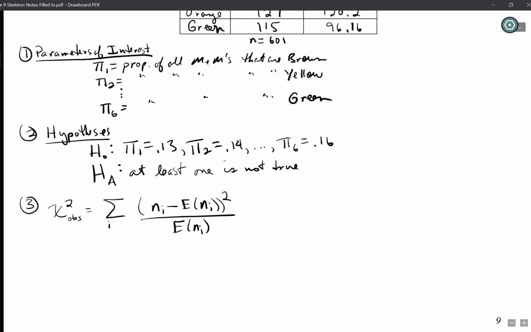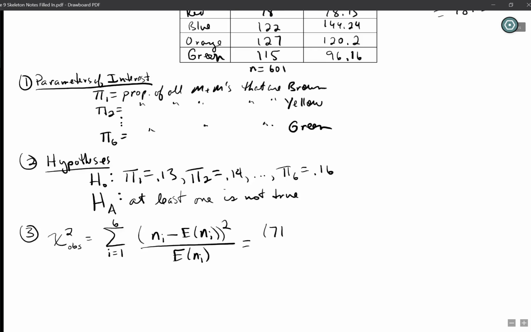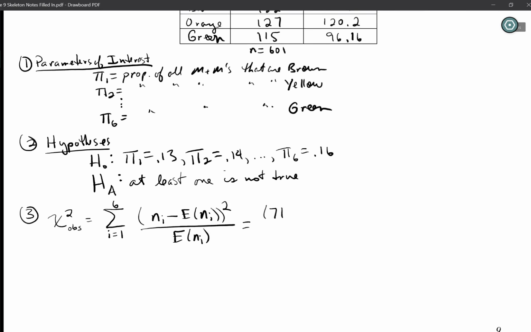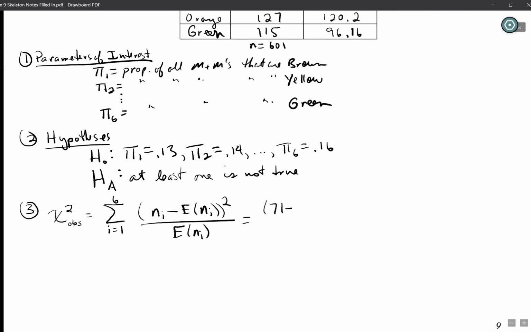I'm going to sum through all the categories, so i goes from 1 to 6. If I look at my first category, my N1 was 71, and the expected count was 78.13. So I'm going to have 71 minus 78.13, square that, divide by 78.13.